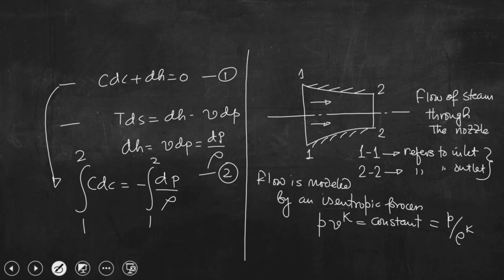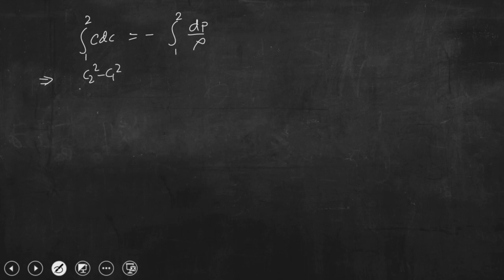So, if we go to the next slide, we can write integral 1 to 2 CdC equal to minus integral 1 to 2 dP by rho. So, we can write C2 square minus C1 square by 2 equal to minus integral of dP by rho. I can write P by rho power k equal to constant.